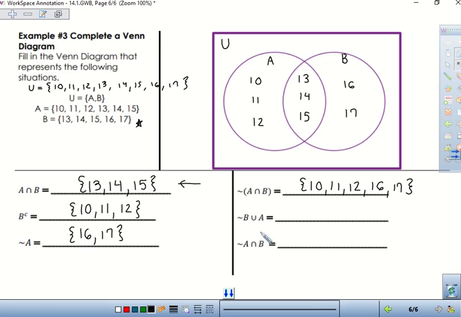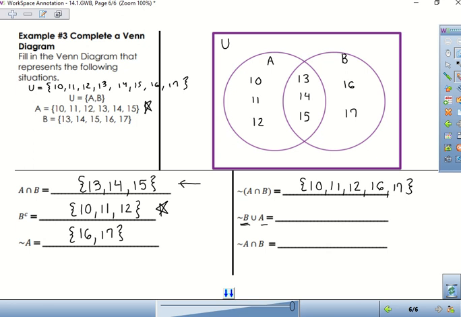Now, see how these ones are a little bit different? See how we're taking the complement before we're unioning or intersecting them? So what that means is we're going to take the union of complement B and A. So that means we're going to take complement of B and merge it with A. Okay? Two things with the stars next to it.